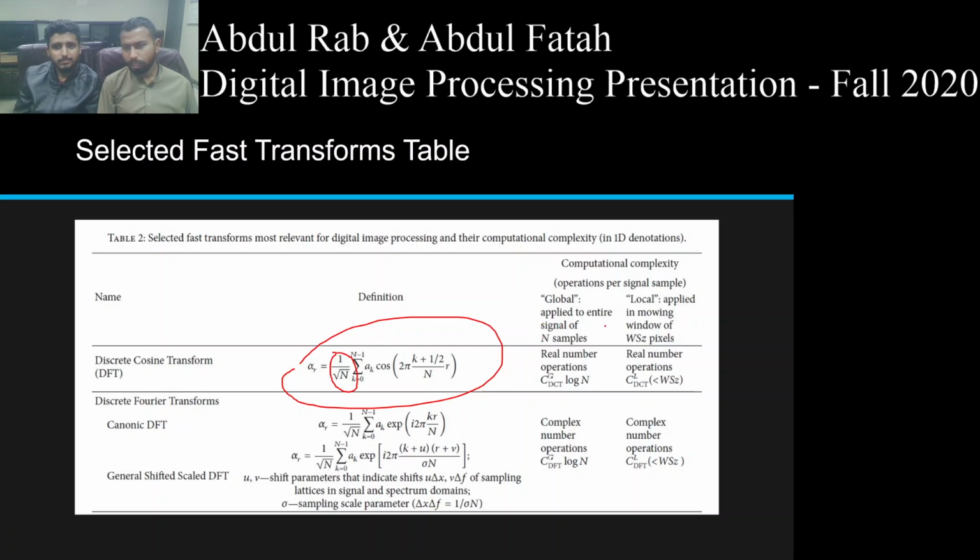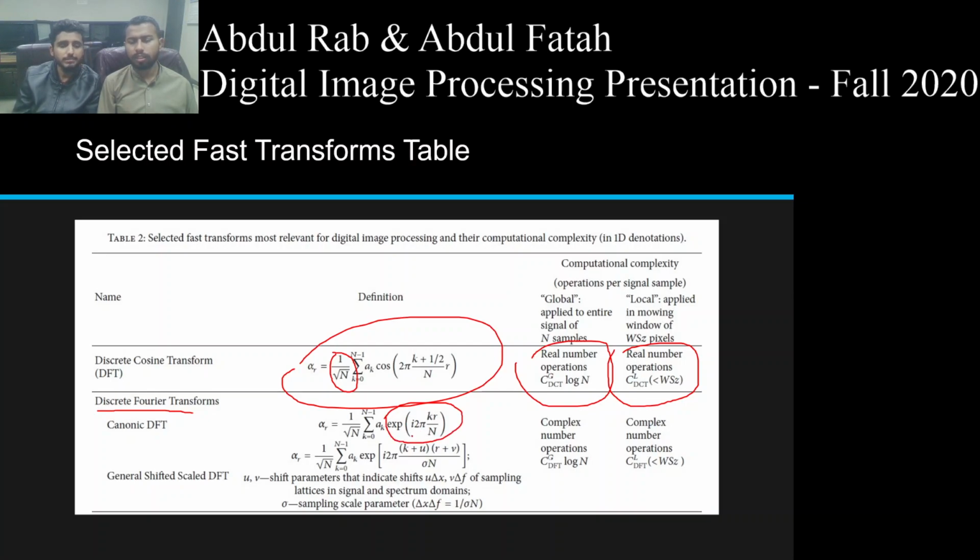It is written that the discrete cosine transform is global, applied to the entire signal of n samples, with real number operations, and C_DCT of log n. In the real number operations column we have C_DCT, meaning discrete cosine transform. But in the discrete Fourier transform there is the exponential of a complex number, which in trigonometric form contains both sine and cosine terms, as we said earlier.